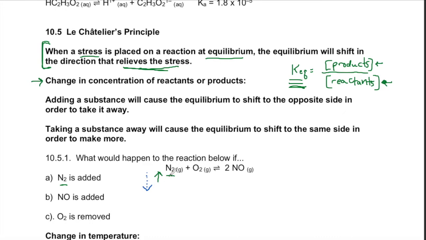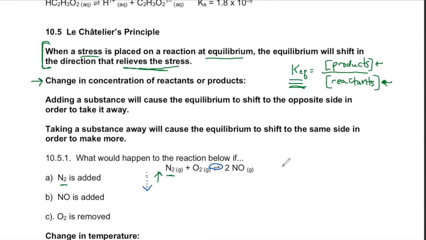So how would the system make the amount of nitrogen go down? Well, it could take that nitrogen and use it in the reaction, the forward reaction, to use up nitrogen and create NO. So what would happen is that the forward reaction would speed up. You've put in more nitrogen, it's going to take away the nitrogen.